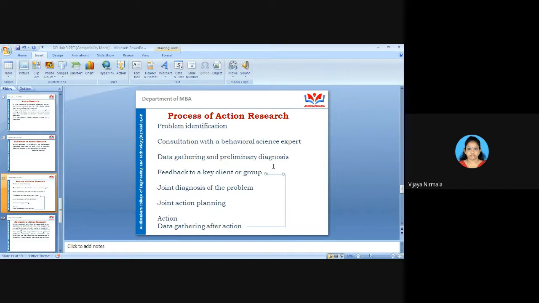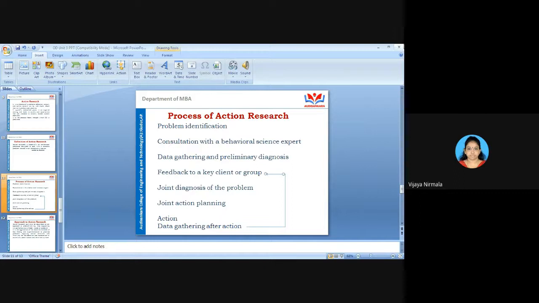So ultimately this action research model underlies most current approaches to planned change, and it is often considered synonymous with organization development.